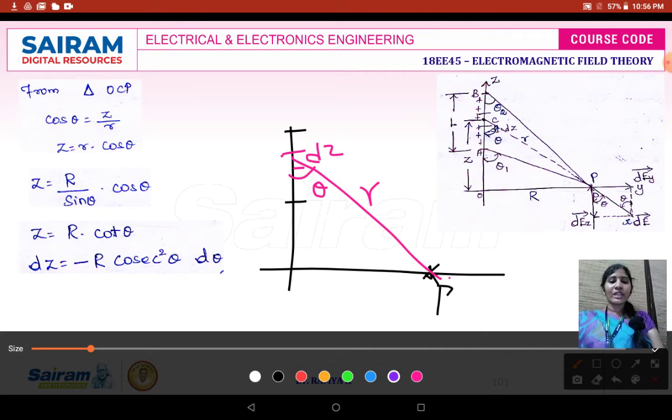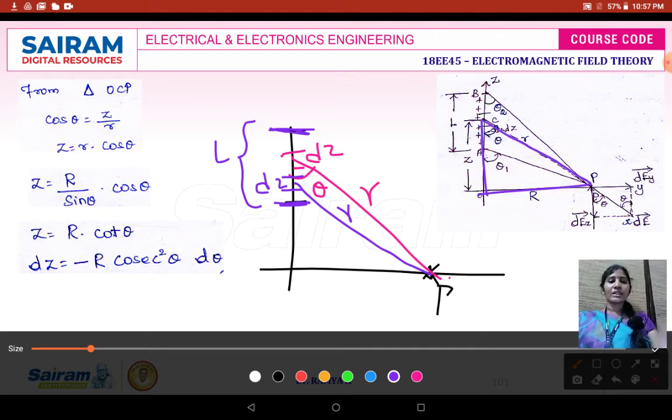Suppose I vary the differential elemental length to this other point, the r will vary, and this is your dz. Therefore, the value of dz can vary from the starting point of the conductor to the end point, all along the length of the conductor of L meter. So the value of dz and the value of r will vary. Therefore, from this particular triangle, we need to identify sin theta and cos theta to identify the value of dz.